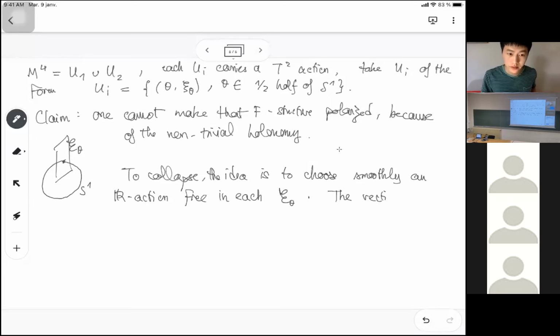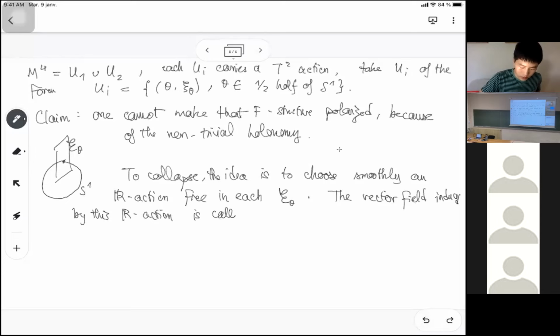By differentiation, we get a vector field produced by this R action. It's called K. K is never 0.